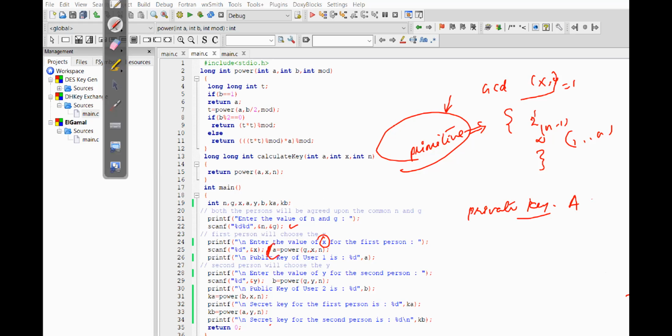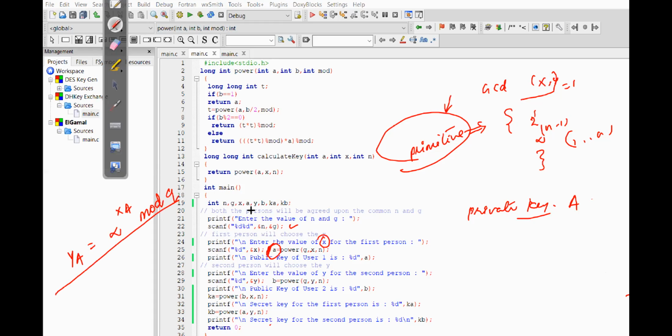Here a is the public key. How will the a value be calculated? Based on the formula, y of A is equal to alpha power xa mod q. This is the formula we use to calculate the public key of the user.